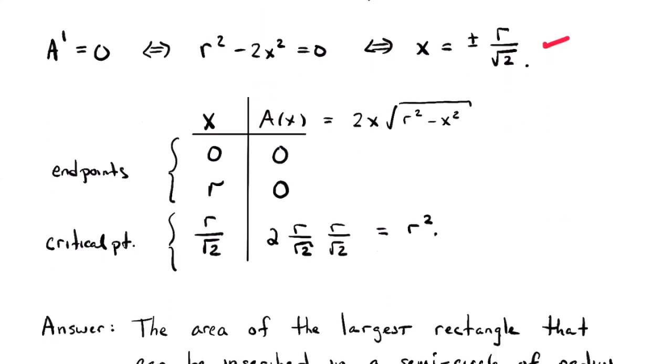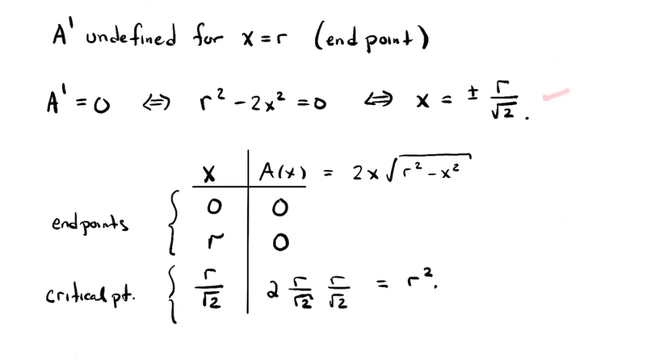So if we take a look at that information in a table, what have I got listed in my table? I got my two endpoints, 0 and r. And then I've got the one and only one critical point in the interval that we're looking at, r over the square root of 2. Negative r over the square root of 2 is not in the interval of consideration. I rewrote the function a here just for convenience.